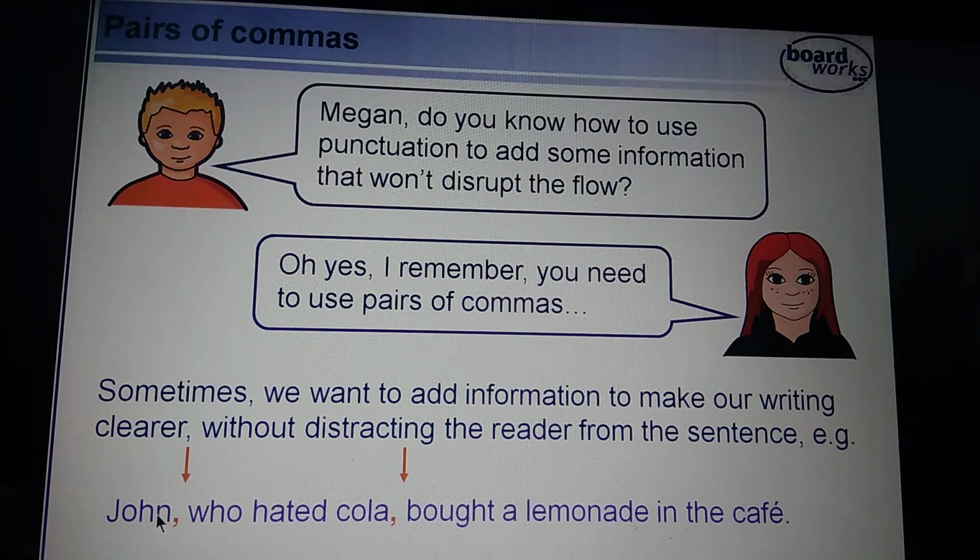The reader may skip this part and continue to the part just after John: John bought a lemonade in the cafe. In the meantime, the reader could look at this part and know the explanation, the information. So he is not detached from the context of the sentence. This is extra information or extra details.